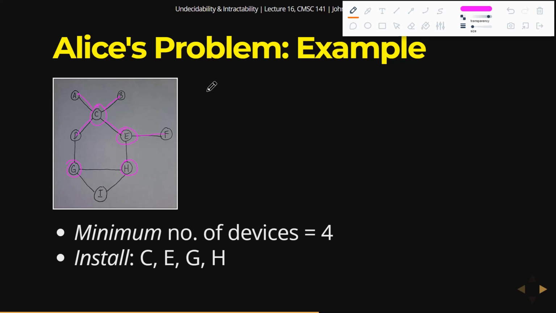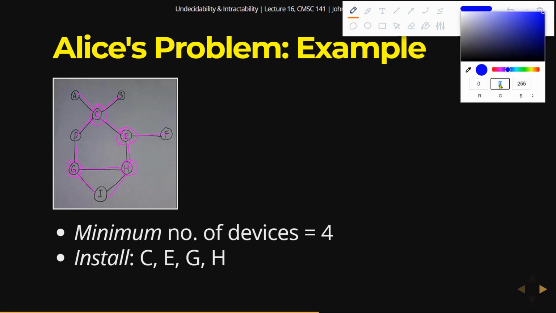For E, it will cover F and H. For G, it will cover this line and this line, and for H, it will cover this line. So every line or every cable is now covered by the 4 monitoring devices that you installed in C, E, G, and H.